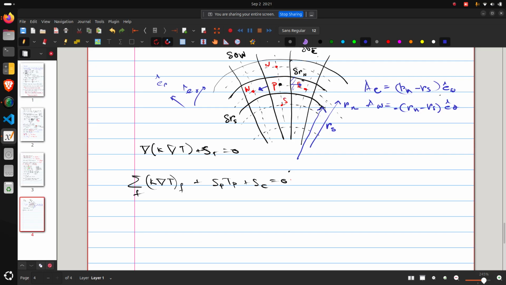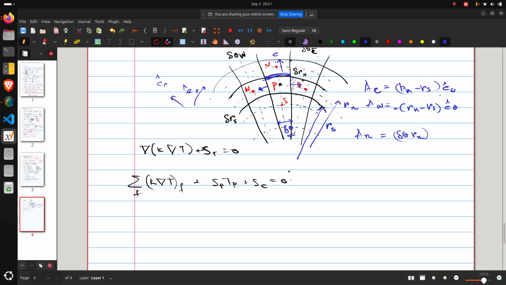Now coming to the north and the south, there is some delta theta, right? So some delta theta is there, and we have the Rs and Rn. So now for the north face, what will this be? This will be nothing but Rn delta theta, right? So A small n is nothing but delta theta Rn, and what will be the area normal vector?